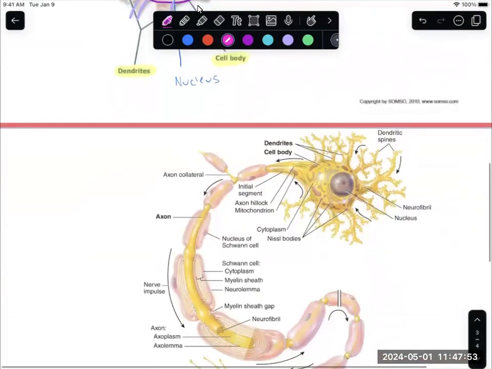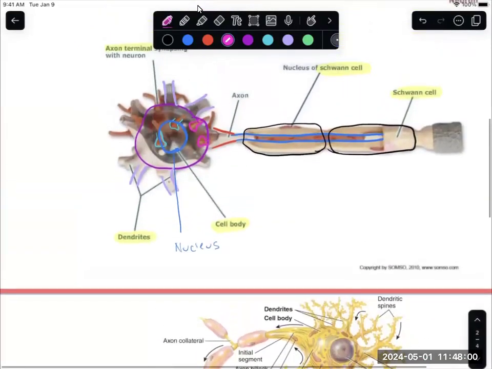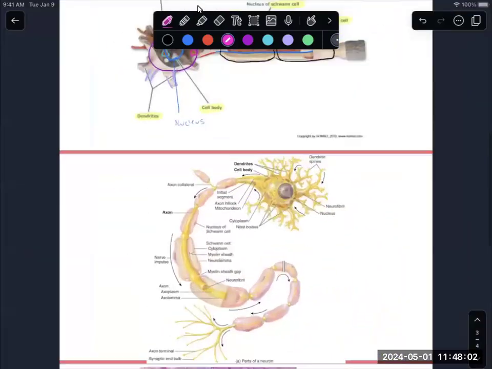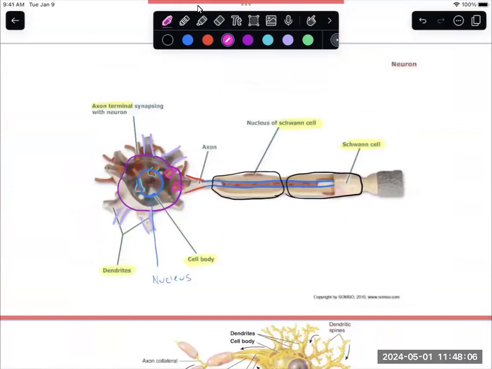When we move on to the next slide, we can start to see some of the other features that we can't really see when we look at this model. Well, there's one more thing we can see here. My bad.